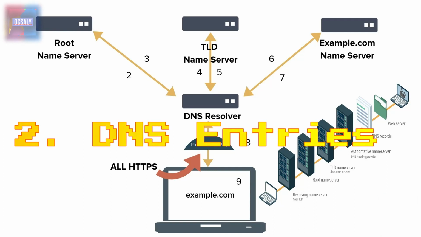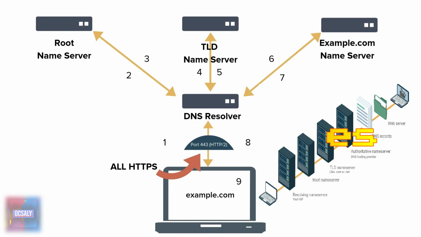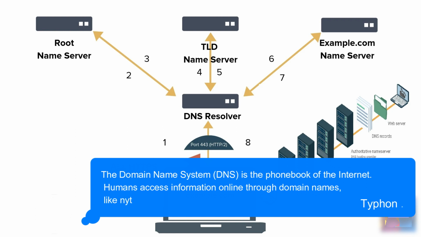DNS entries. In today's cyber world, everything can be potentially networked. This means each device that is connected to the internet has a unique IP address assigned to it. Likewise, the DNS entries are a list of human-friendly names that are assigned to specific IP addresses.